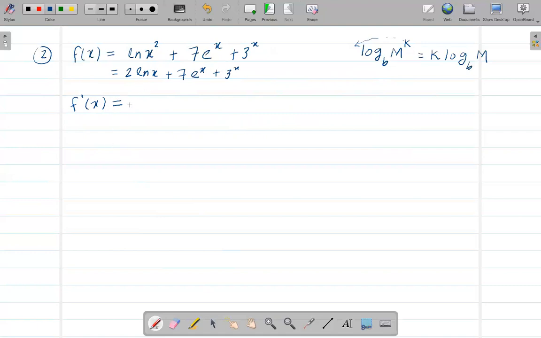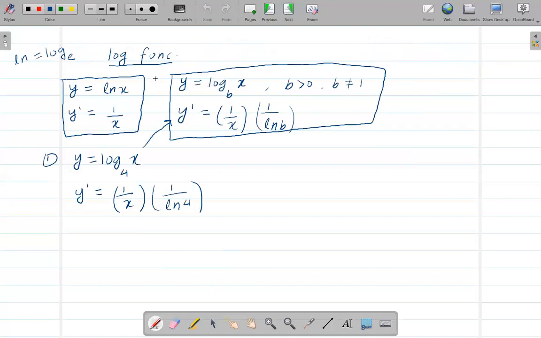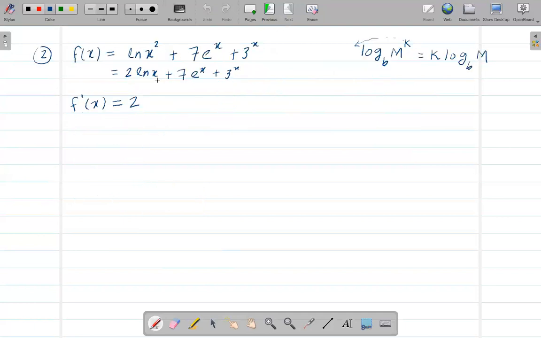So here, since this 2 is attached with this natural log of x, the 2 will stay there. And when you take the derivative of natural log of x, it will be 1 over x, right? Times 1 over x plus 7 is attached with this e to the power x, so 7 will stay there. And the derivative of e to the power x is still e to the power x.